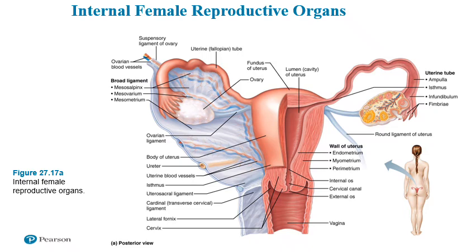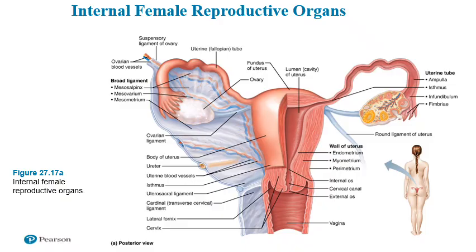The mesometrium is the lateral support of the broad ligament and is the one that supports the uterus. We also have the uterosacral ligaments, and they secure the uterus to the sacrum.